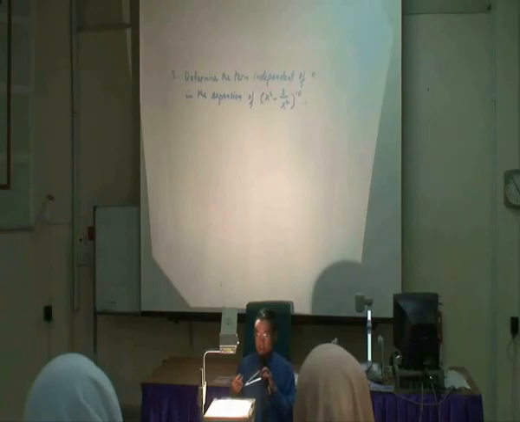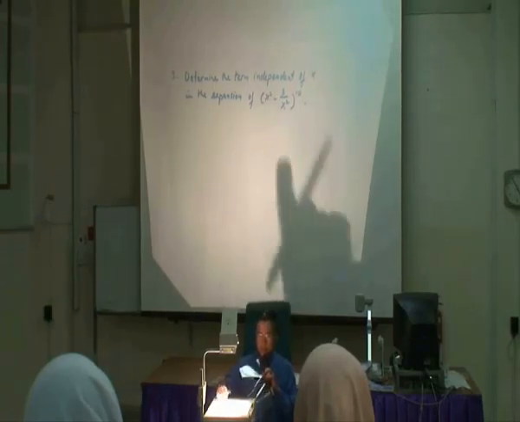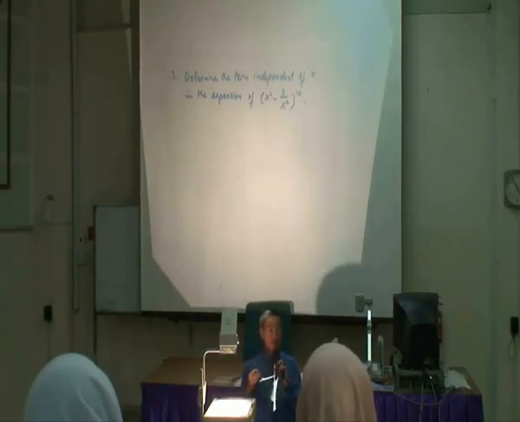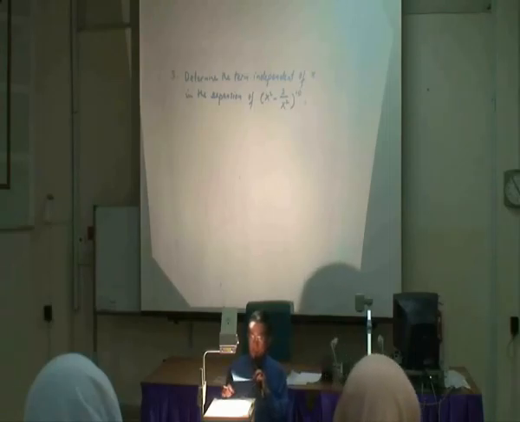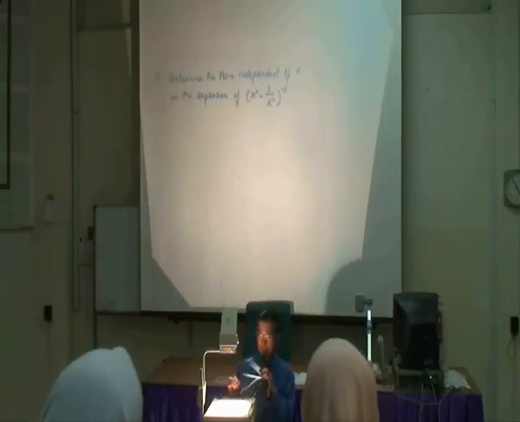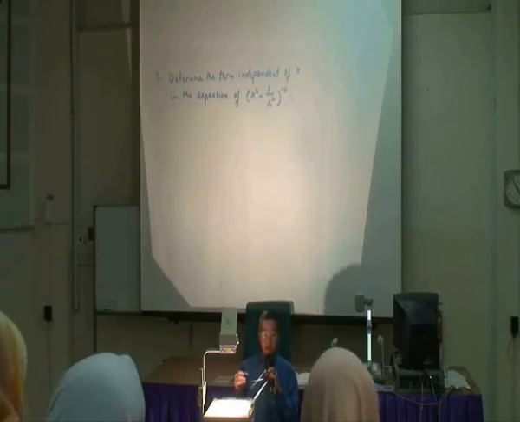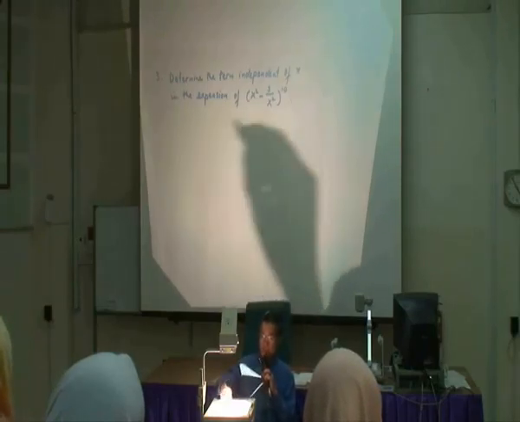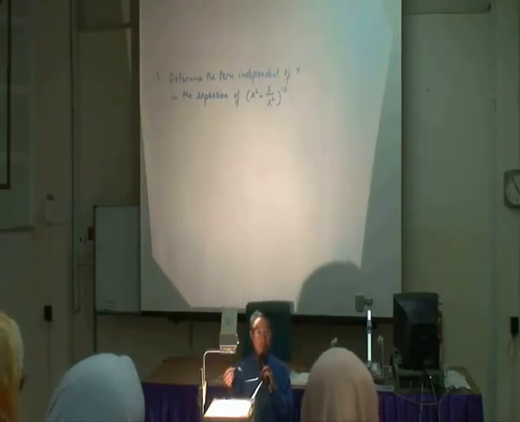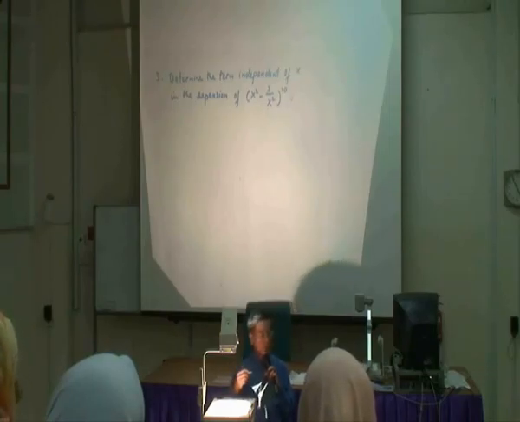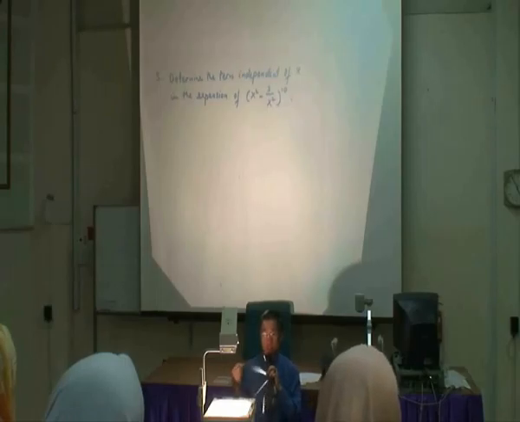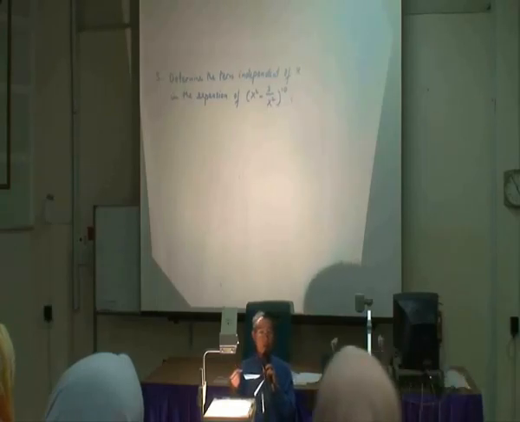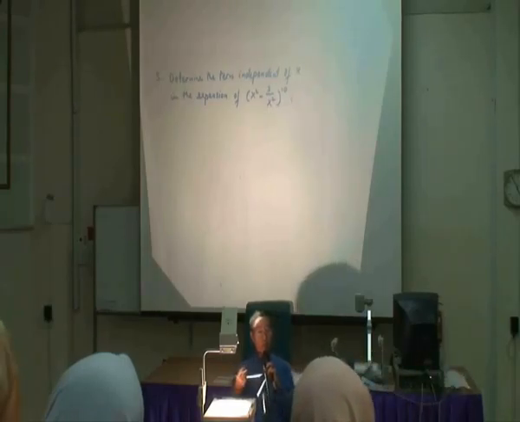Determine the term independent of x in the expansion of this binomial, alright? x squared minus 3 over x squared raised to the power 10. So in this case, do you need to show all the terms and find the term which is independent of x? Don't need, right? We still use the same formula, alright? In fact, there are two ways we can do it, alright?